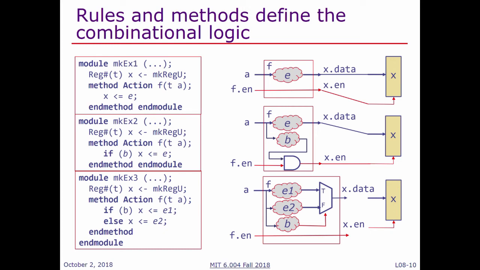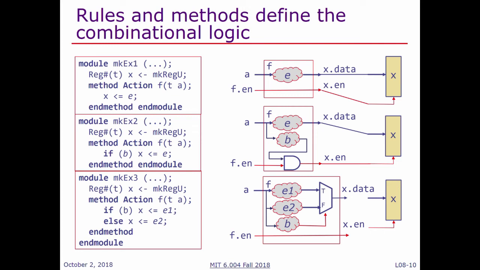Now, how often do you store in X in this example? How often do you store in X? Every single time, because whether or not B is true doesn't matter. Something will be stored in X. Does everybody get that? Regardless of whether B turns out to be true or false, you're still going to enable it.